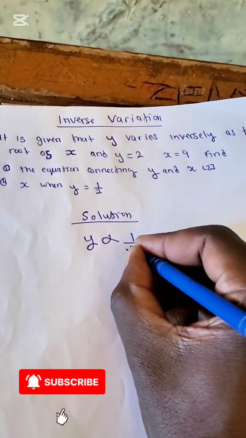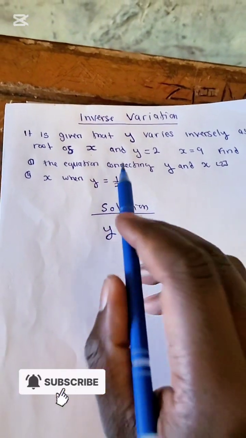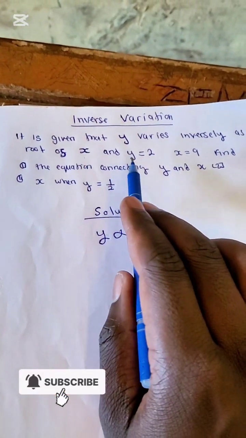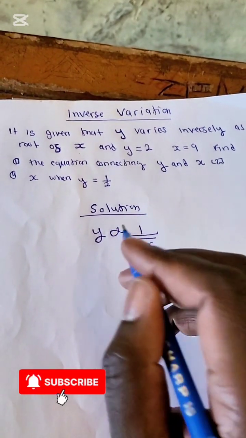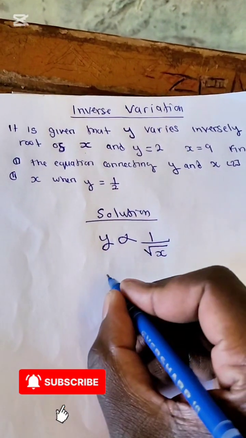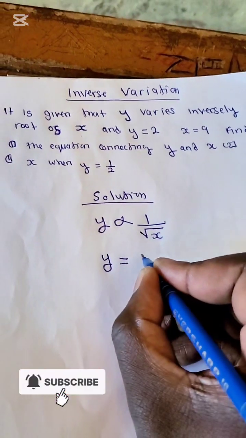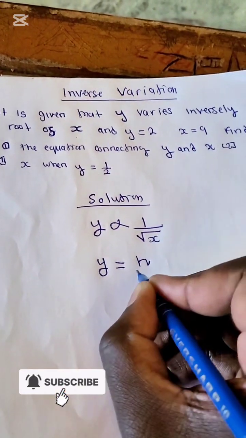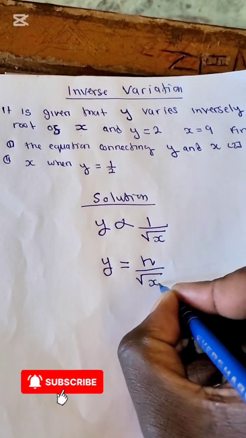We are given the values of x and y. In variation you have to find the constant whether asked or not. So y is equal to the constant h over the square root of x.